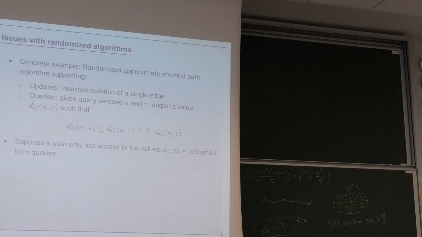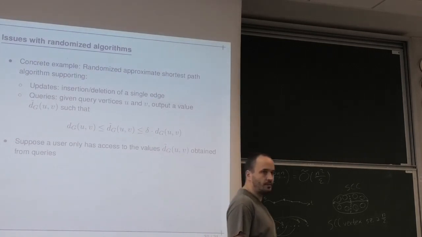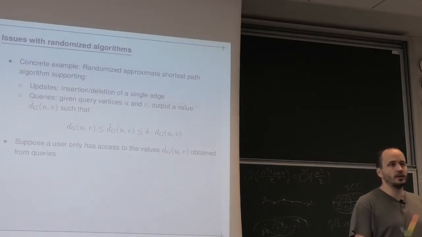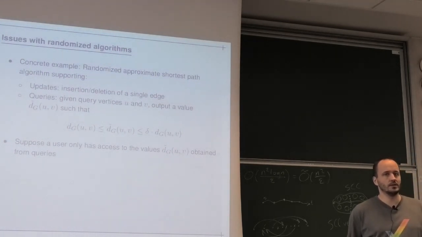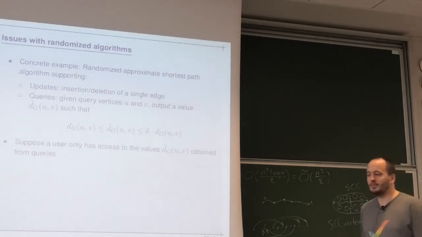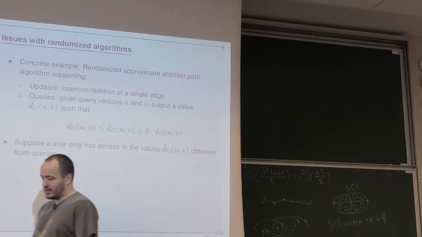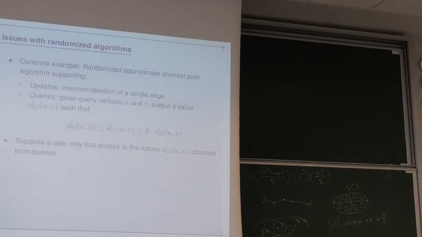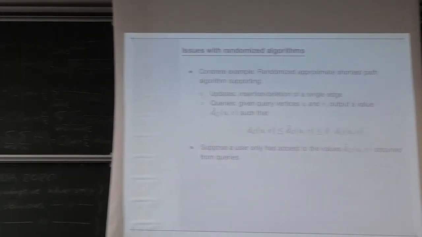So after each update, the algorithm outputs the n by n true distance matrix. Could an adversary still learn something about the random bits? You could measure the time. Yeah, it could measure the running time, because it might be that if an update takes a certain amount of time, then it's because the random bits are in this particular way. Right.